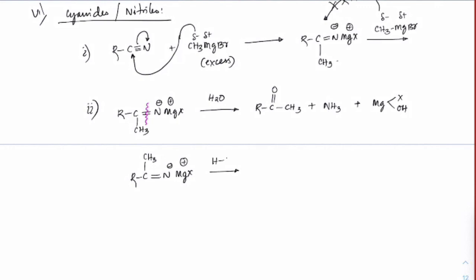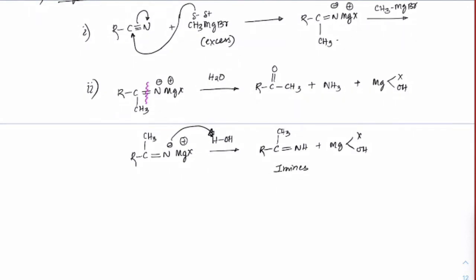As soon as you hydrolyze here, N minus will take away this H plus and you'll have R CH3 C double bond NH plus MgX and OH formation. These are called imines. These functional groups are called imines. C double bond N. So we'll get an imine formation, CH3 C double bond NH.